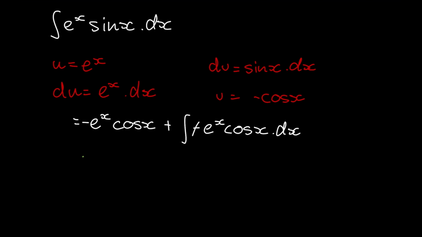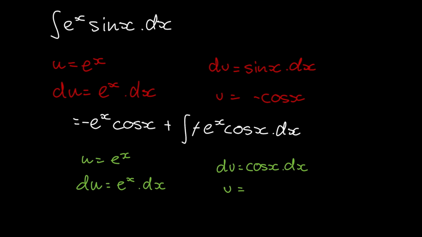So we'll take u equal to e to the x again, and du equal to e to the x dx. Then we take dv to be cos of x dx, and then our v, when we integrate dv, is just going to be sine of x.